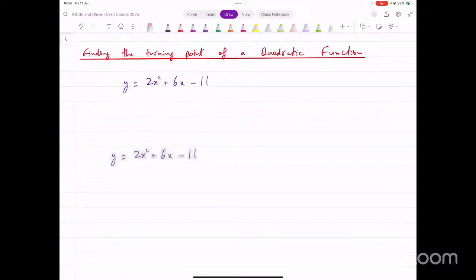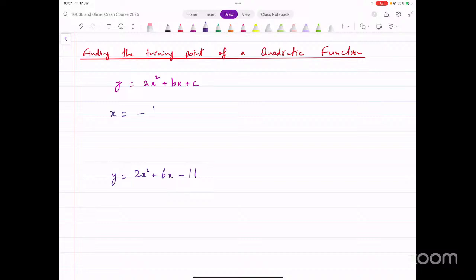Now, the quickest way of doing this would be that if we have a function like this, ax squared plus bx plus c, you can use a formula that looks like this: x equals minus b over 2 times a.